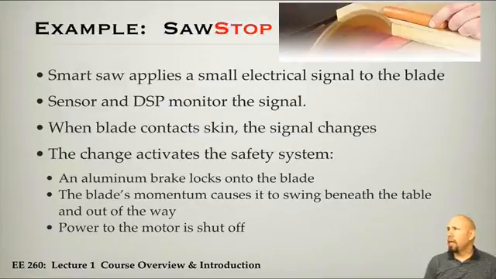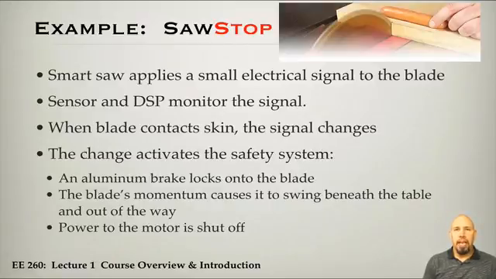The smart saw basically applies a small electrical signal to the blade. There is a sensor and a DSP that monitors the signal. When the blade contacts skin, or as in the picture, a hot dog, the signal in the blade changes. And this change then activates a safety system.